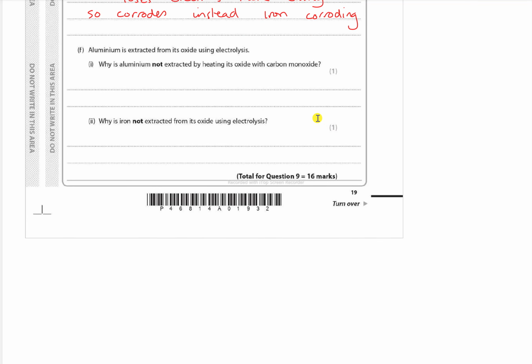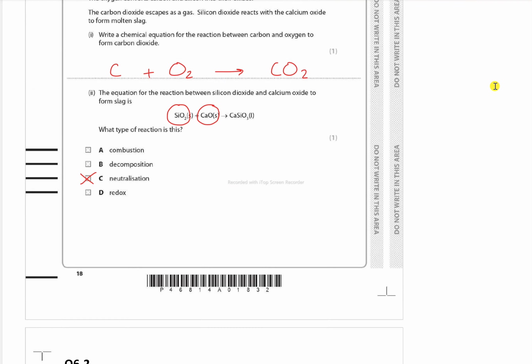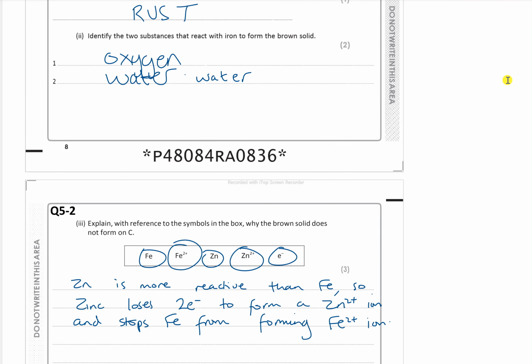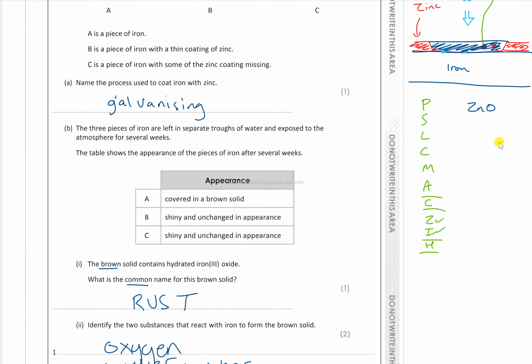Right, aluminium is extracted from the oxide using electrolysis. Why is aluminium not extracted by heating with carbon? Because aluminium, in the reactivity series, look, aluminium is there, carbon's there, zinc, iron, and hydrogen.